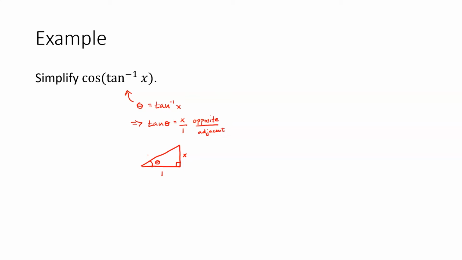With a little Pythagorean theorem, we can solve for this missing side as the square root of x squared plus 1. So to get cosine of tan inverse of x, we can think now the cosine of theta, since we've replaced this tan inverse of x with a theta, will be the adjacent side over the hypotenuse.